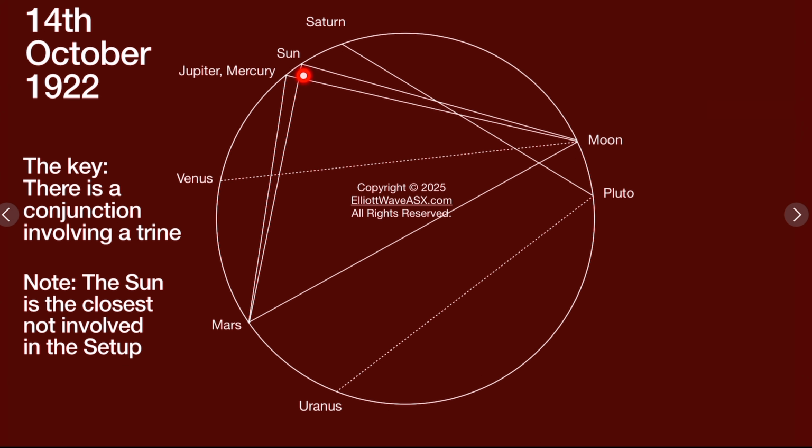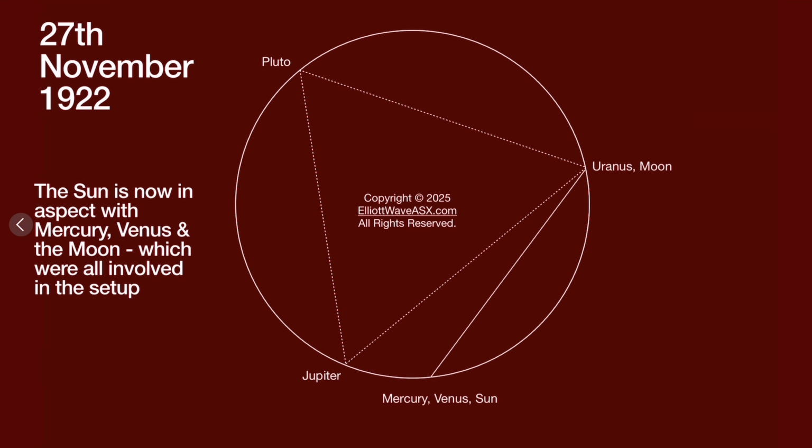So the Sun technically is not involved in this pattern. So the Sun is the closest not involved in the setup. If we look at the low on the 27th of November 1922, we can see the Sun is now in aspect with Mercury, Venus and the Moon, which are all involved in the setup.